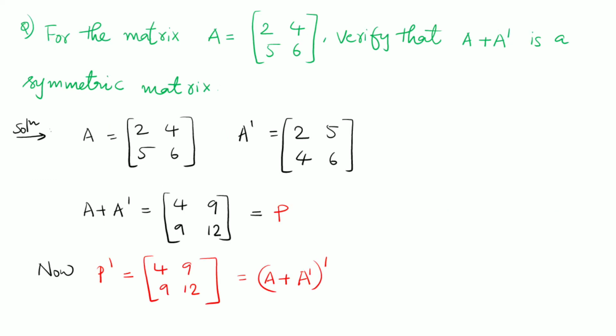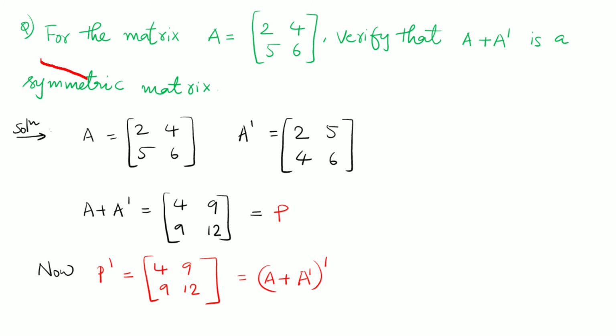So here, for the matrix A, matrix 2, 4, 5, 6, verify that A plus A dash is a symmetric matrix. So here you are given a matrix A, you have to verify A plus A dash is a symmetric matrix. I had told you about symmetric matrix in the previous slide.